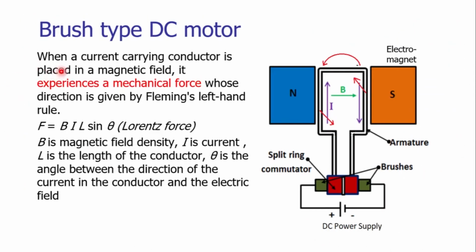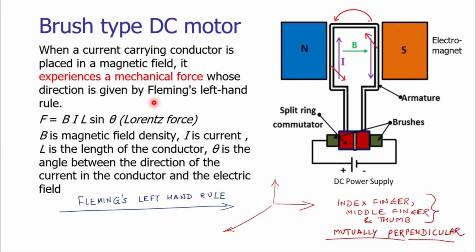Thus we can say that when a current carrying conductor is placed in a magnetic field, it experiences a mechanical force, whose direction is given by Fleming's left-hand rule. Let us see what this rule is.